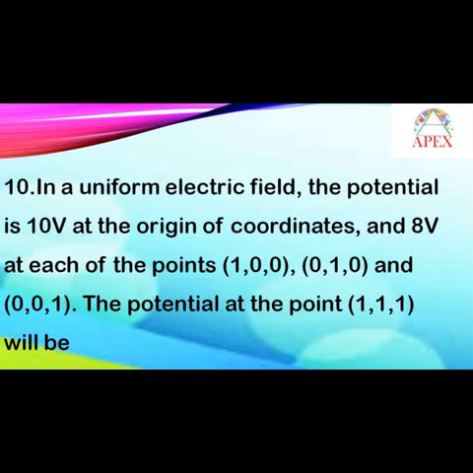So see here, if a coordinate system is considered, in the question it is given that along the x-axis, along the y-axis, along the z-axis, in all the directions, there is the same potential at the same distances.